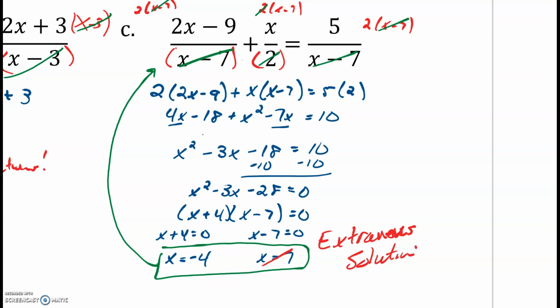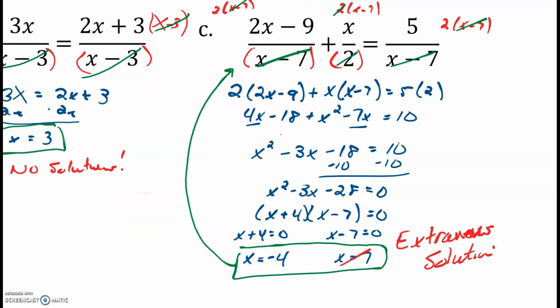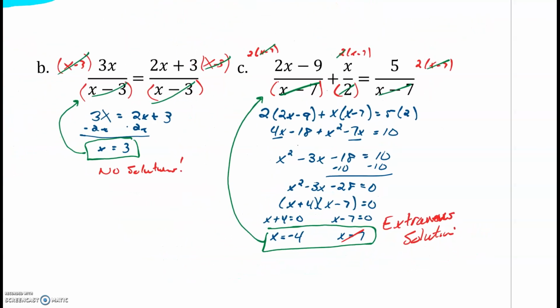It's a solution that makes sense algebraically, but it won't work when I try to substitute it back in. So the only solution that I have here is x equals -4. Okay, so that's the mechanics of how we solve rational equations.